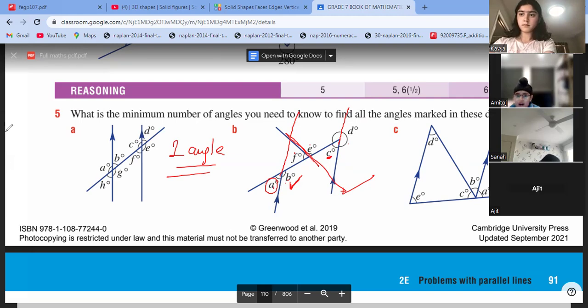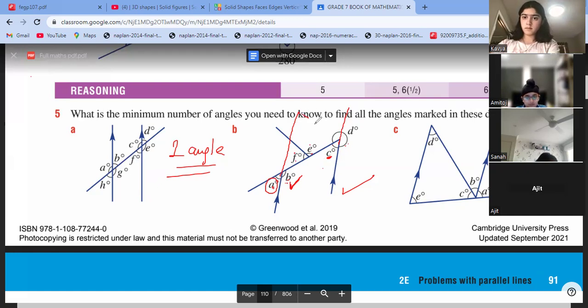Kaveh, you tell me. Can you connect any of the angles with E and F? You cannot connect, I think. Ajit, you tell me. Is there any relationship between angles A, B, C, and D with angles F and E? No, there is not any relation.